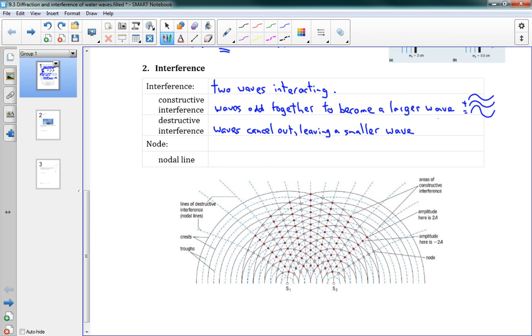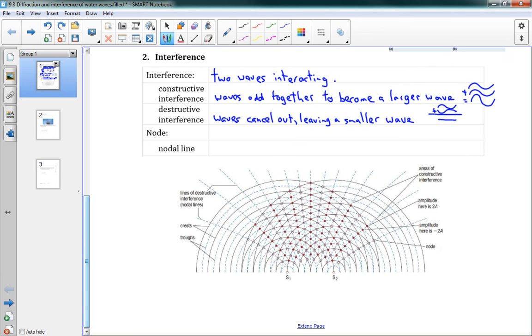If we have one wave, and then we have, let's say, the same wave but upside down, you can see that those are opposite. And if I add those two together, well, I'm going to get just a straight line. Hopefully you see that. At each point, they cancel out. As one goes up, the other one goes down. So we just get a straight line. The two waves cancel each other out. Cool. And so that's our two types of interference, constructive and destructive.